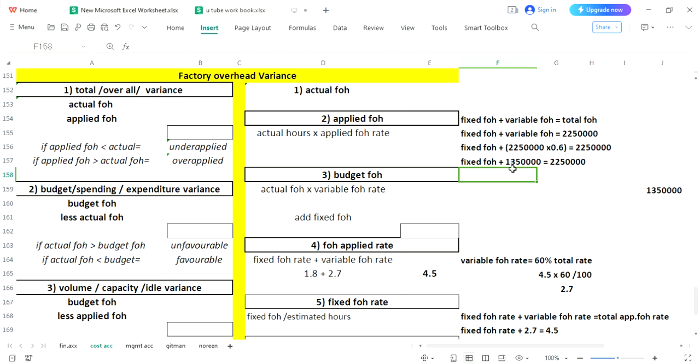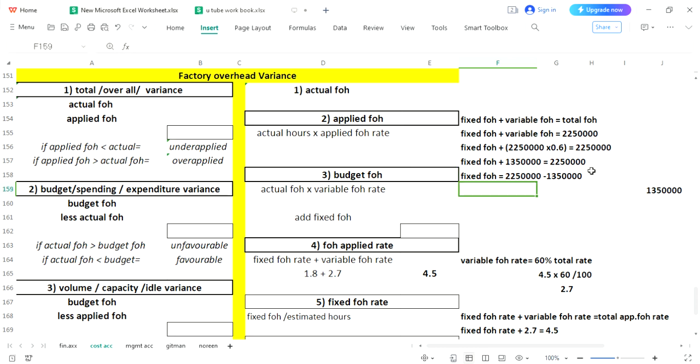Okay, so next step, 13 lakh 50,000 is added over here. If you want to take it to the right side, it is added over here. When you take it to the right side, it would be subtracted. So fixed FH would be here, and on the other side 22 lakh 50,000 was already present, and you are taking this 13 lakh 50,000 to the opposite side, so it would be subtracted.